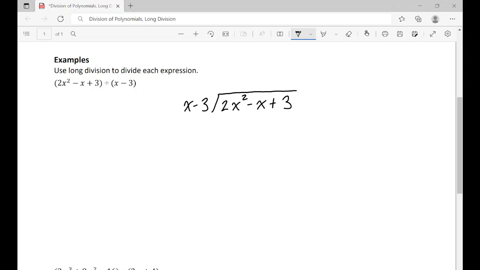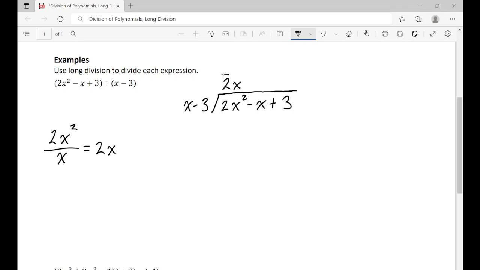First things first, we're going to take the leading term on the inside, which is 2x squared, and we're going to do the work on the outside over here. And then we're going to divide it by the leading term here, which is x. So 2x squared divided by x is going to give you 2x. So now we're going to take 2x and we're going to put it here.